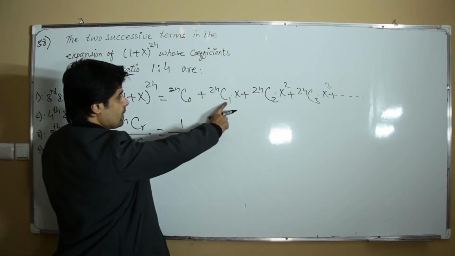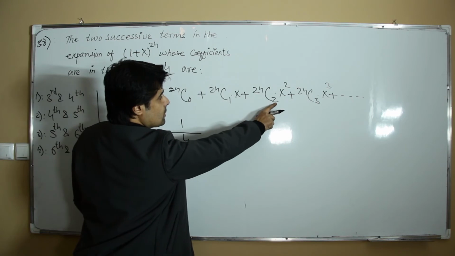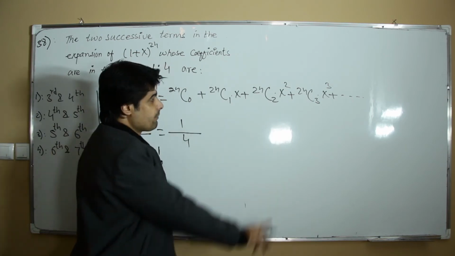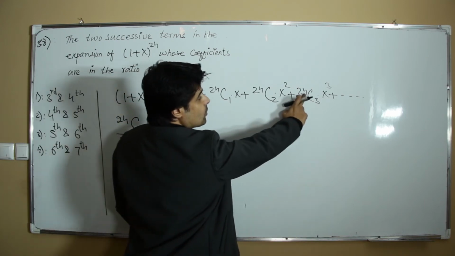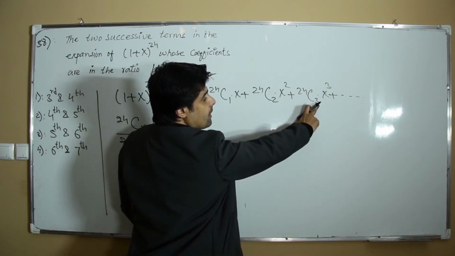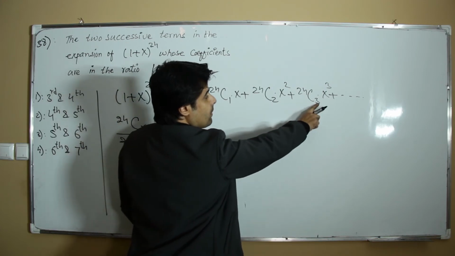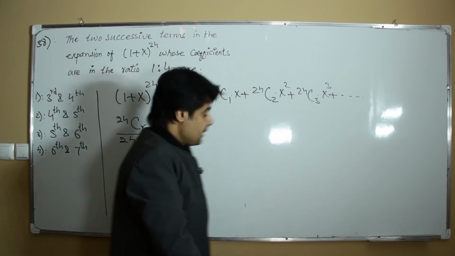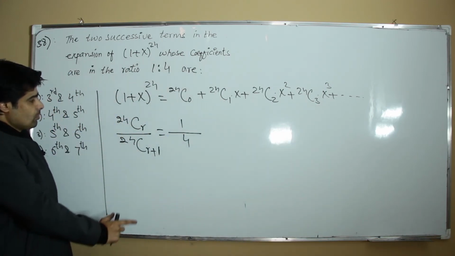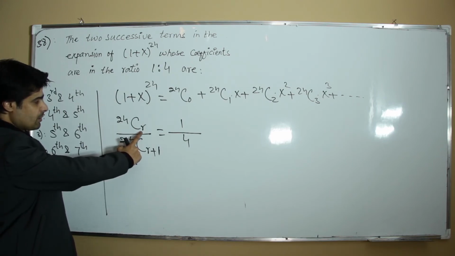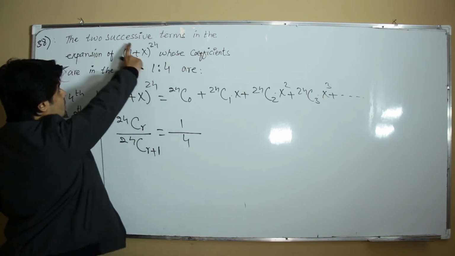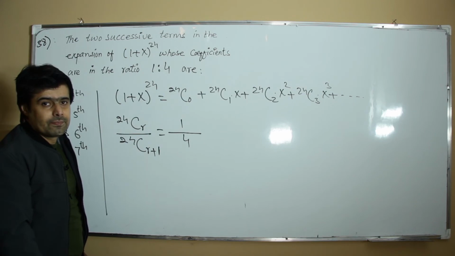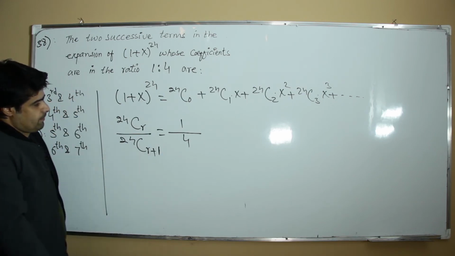I don't know which term it is, but I want to denote the first term as r and the next term as r plus 1. Why? Because the terms are successive. So now you can simplify.